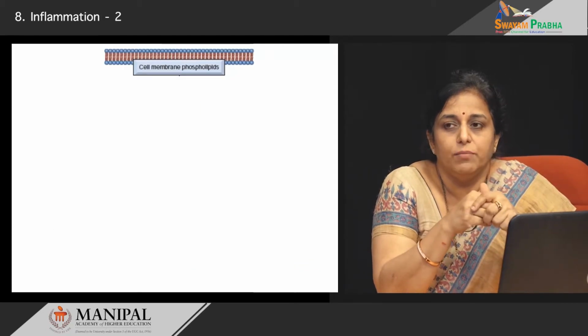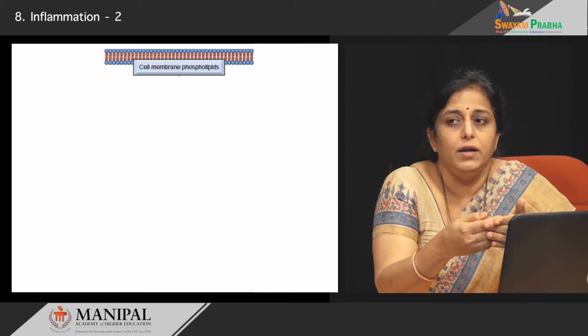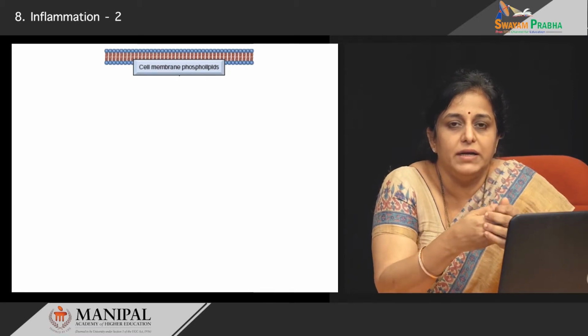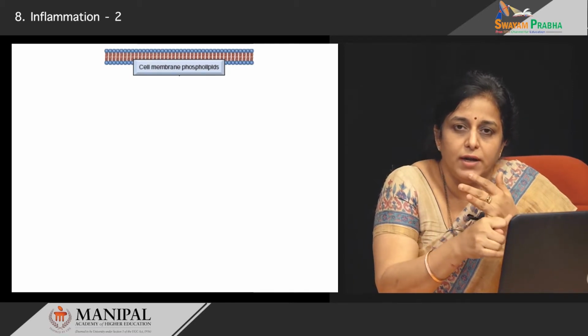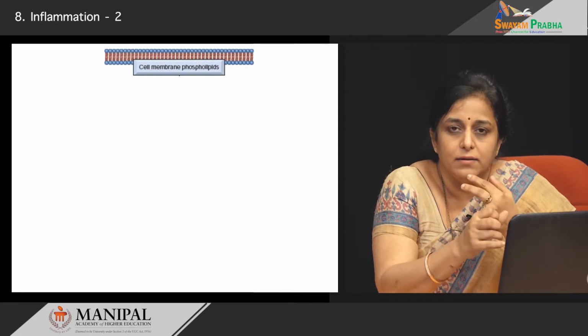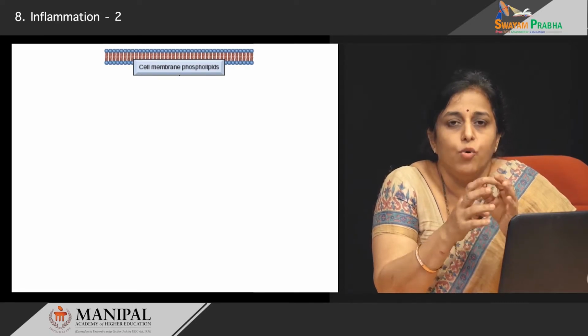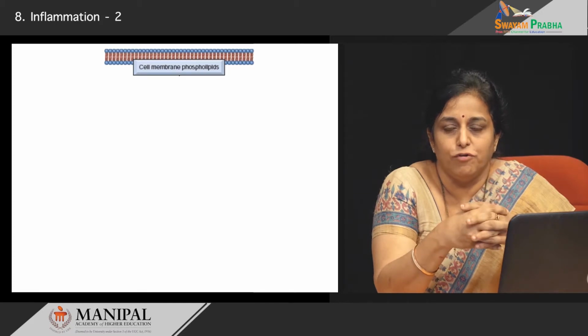So, next we learn about some of the most important newly synthesized chemical mediators, most importantly the prostaglandins and the leukotrienes. Both of them are derived from the membrane phospholipids.